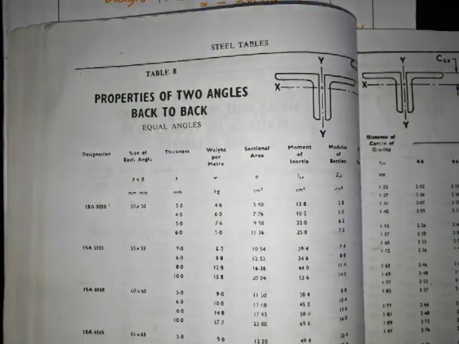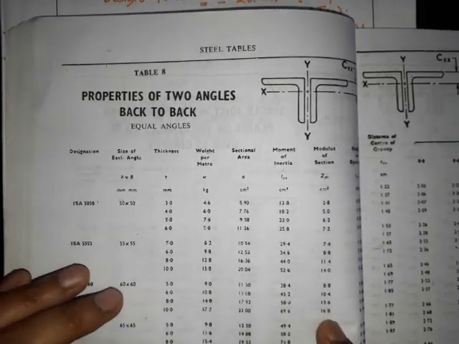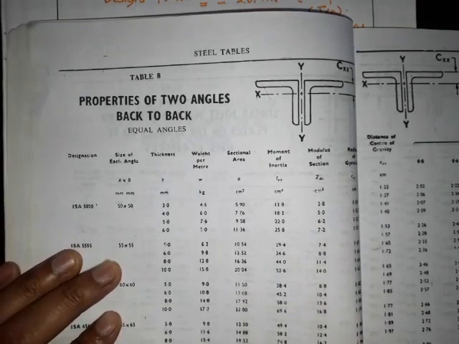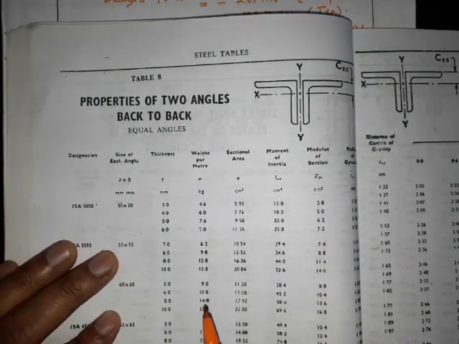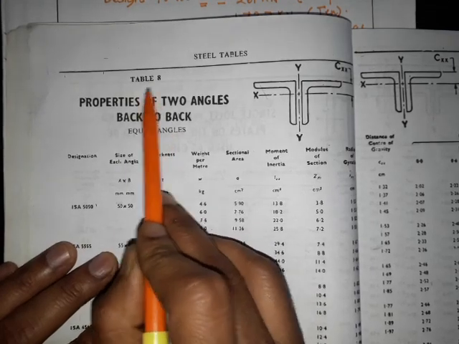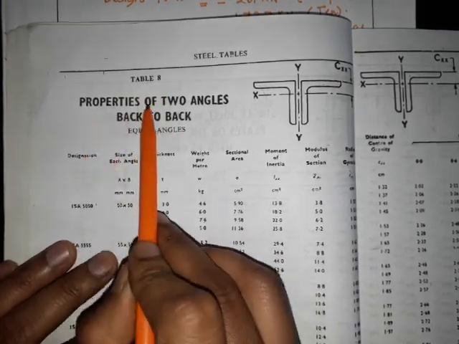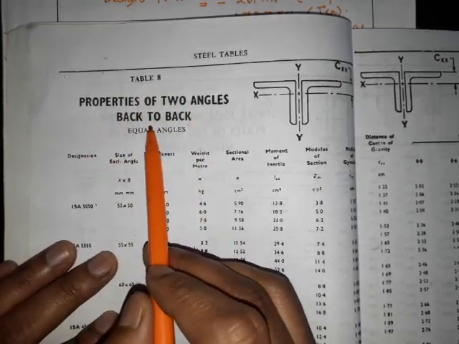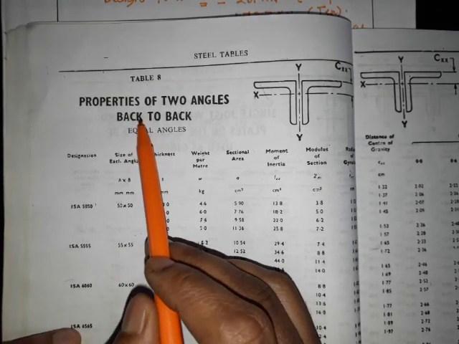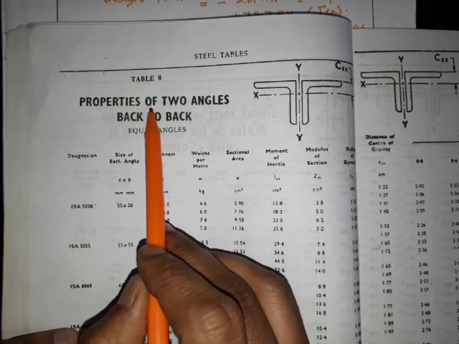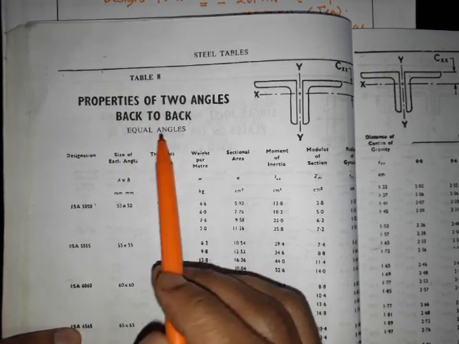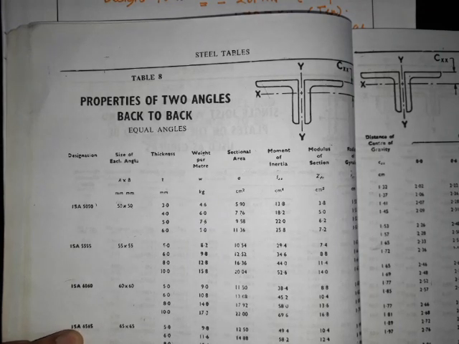So when you open steel table, if you turn the number of pages in that, you will get one chapter for properties of two angles back to back. It will be there in the steel table. So there you will get properties of two angles back to back. So here it is equal angles, same way you get for unequal angles.